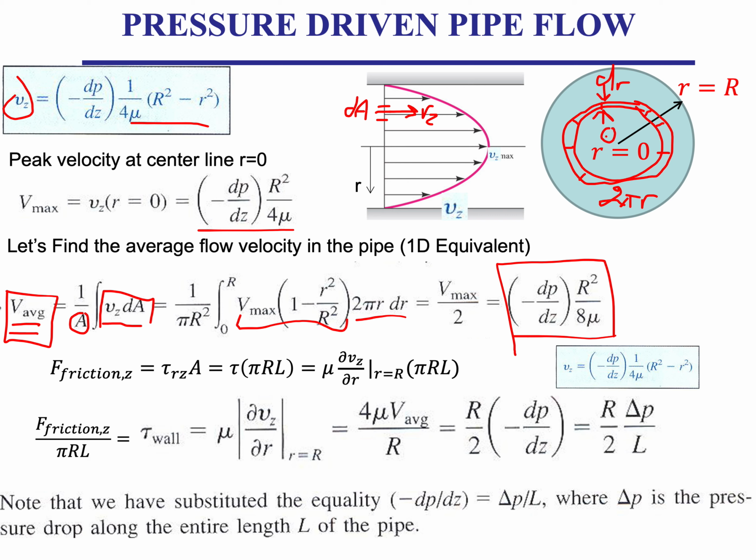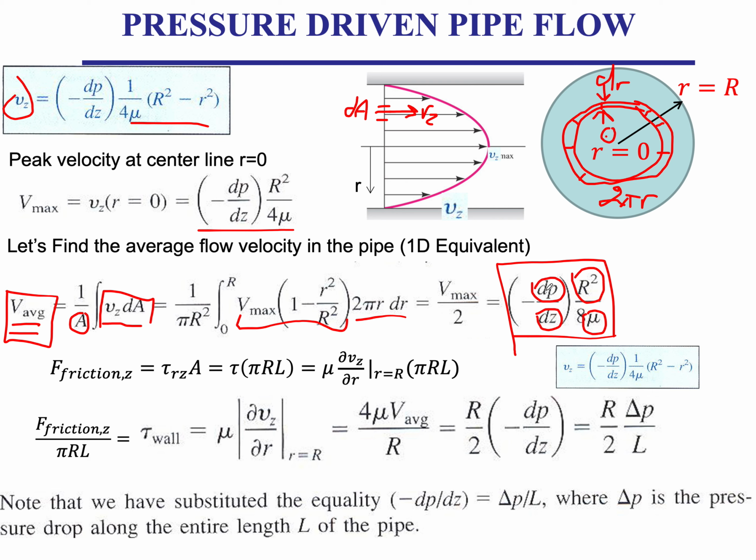So let's talk about average velocity. It tells you my flow speed in the pipe will increase if I increase the delta P, if I make my pipe shorter, if I make my diameter larger, and if I reduce the viscosity. So all those are going to contribute to an increase in flow velocity.